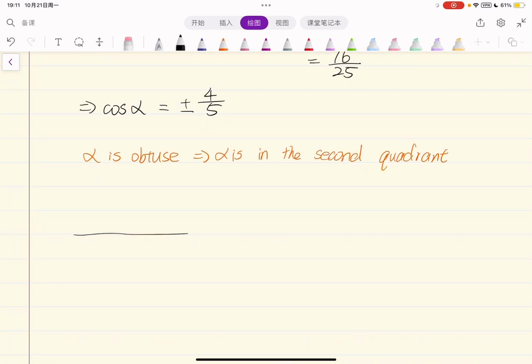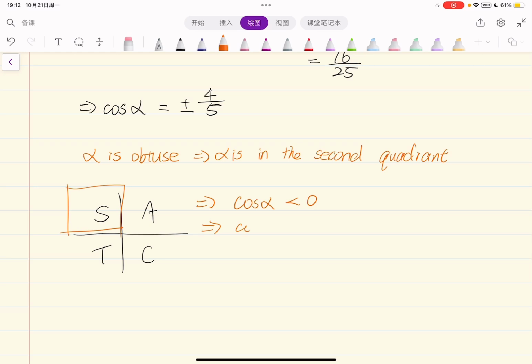We have CAST, and in the second quadrant, the value of cosine alpha should be negative. So we have that cosine alpha equals negative 4 over 5.